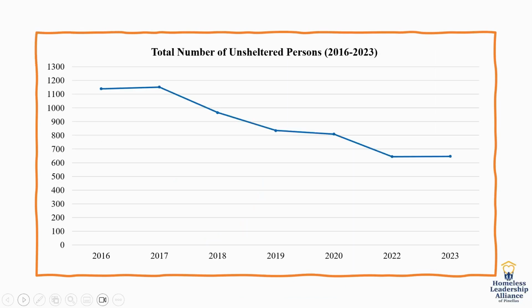The total number of persons, unsheltered persons, has trended downwards, which is great, actually. In 2016, it was nearly 1,200 people, but in this count, it was 646 people. And that's great news, but there's always the but. Is that because Pinellas County has just done a fantastic job?